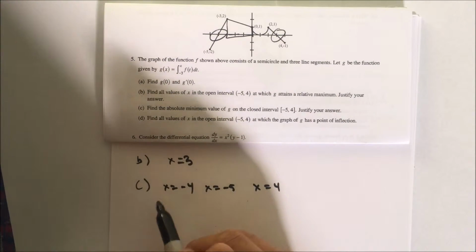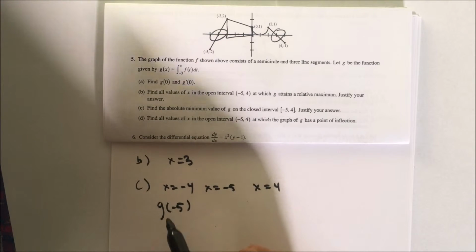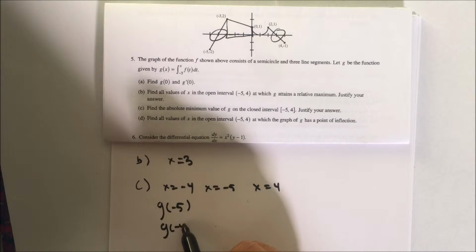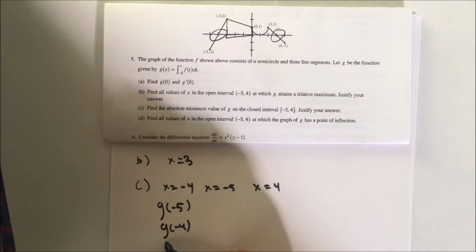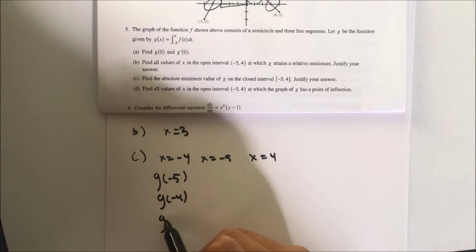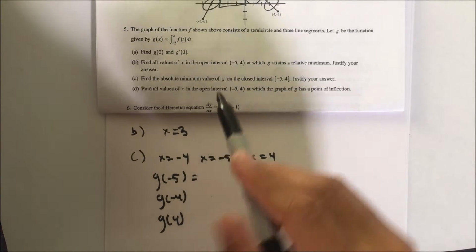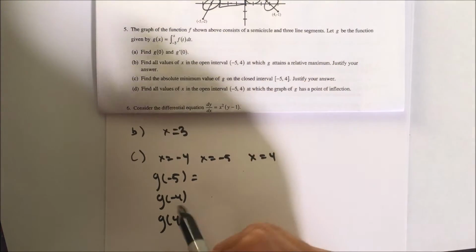So when we plug them in, g of -5, g of -4, and g of 4, we will get g of -5, which is equal to 0.